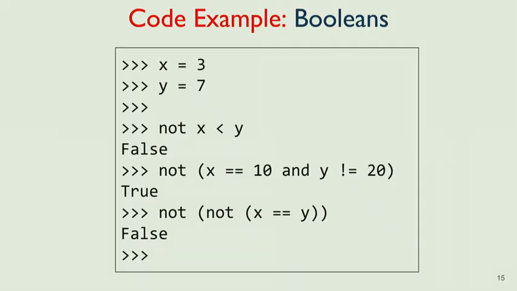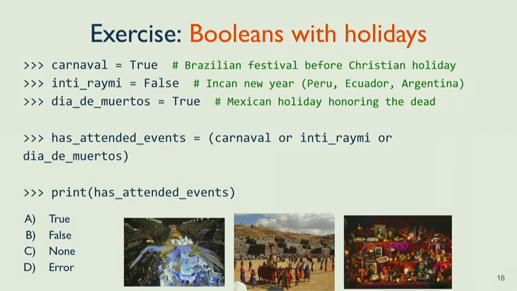No, that's false. But then we're going to not that. So this false becomes true, right? So that's in here. But that true, we're going to not that. And that becomes false. Okay? This looks a little weird and funky, and why would we ever do that, right? But this is just for the matter of showing you the power of the not and with the parentheses. Okay? Does that make sense so far? Yeah? Awesome. Let's look at this.